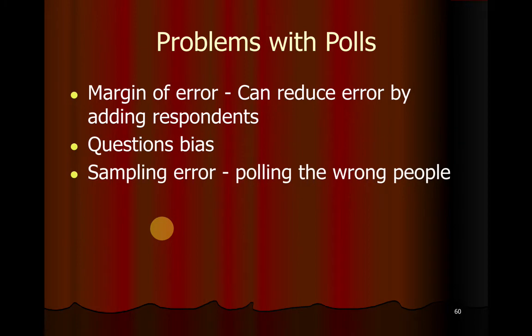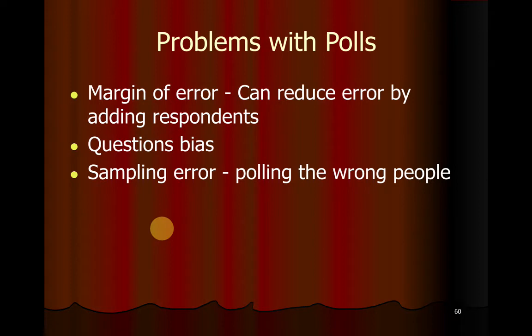For example, they could say something like, so-and-so candidate is running for office. How likely are you to vote for them? And you can say yes or no. And then the next question will be, hey, did you know that they cheated on their spouse and did all these terrible things? Now are you more likely to vote for them? That type of question bias is meant to give you false information as opposed to actually track who you're voting for.